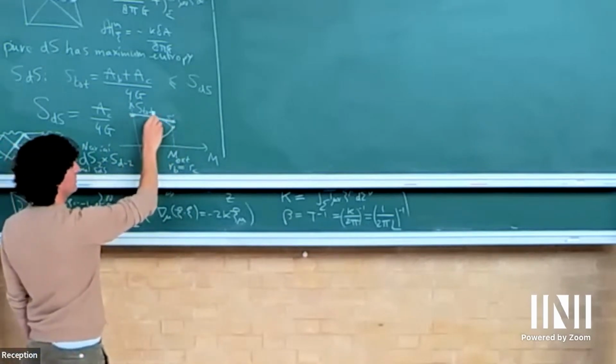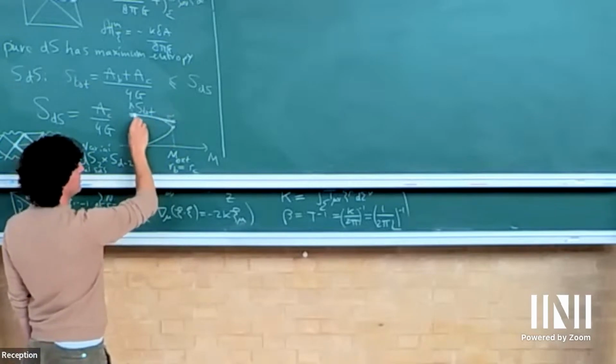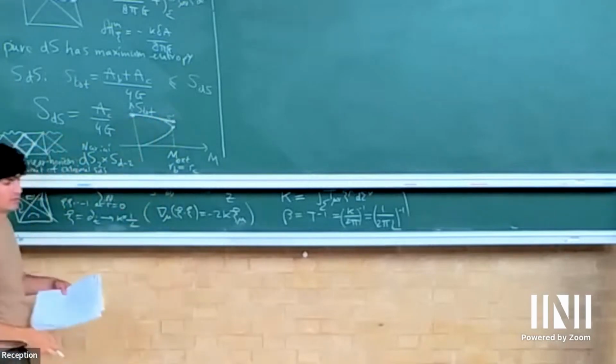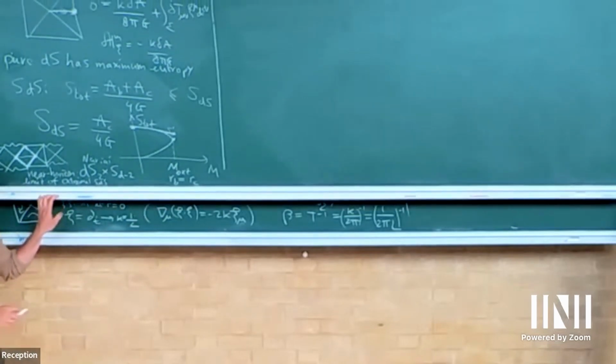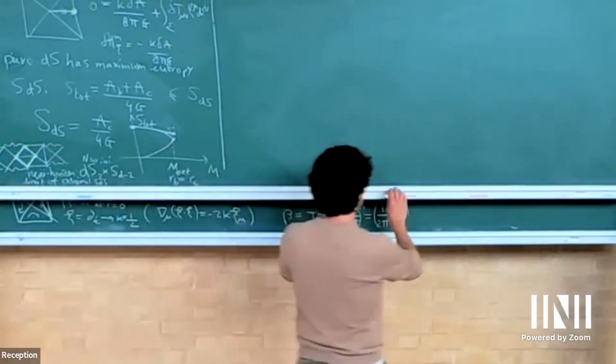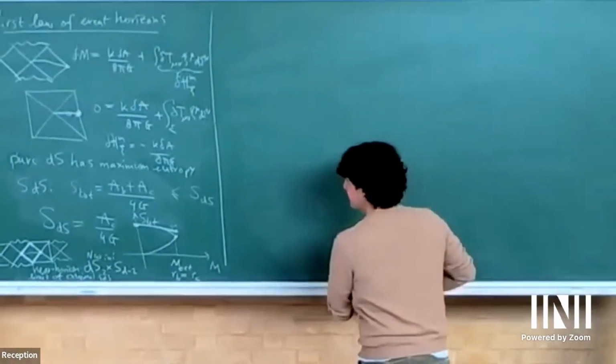But as you see, it's always smaller than the initial de Sitter entropy. So pure de Sitter space has maximal entropy.